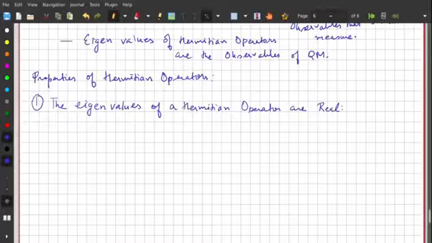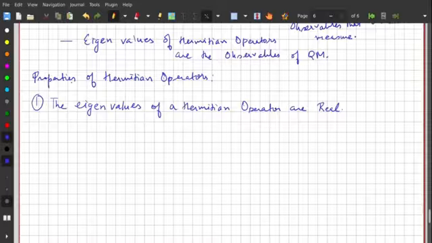Okay, so that's a very important property of Hermitian operators, and let's see how we can prove this. That's a very simple proof.